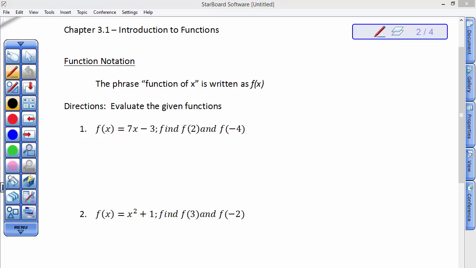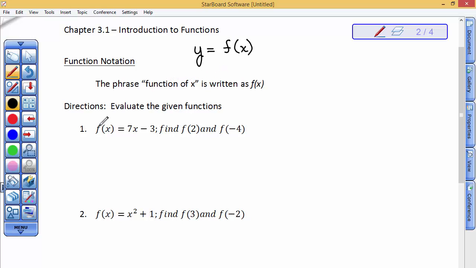Okay, let's continue our conversation on function notation. Again, you need to understand that if it's a non-application, non-story problem, what we're saying is that our answer for y is a function of whatever x is. So this just means the phrase "function of x."